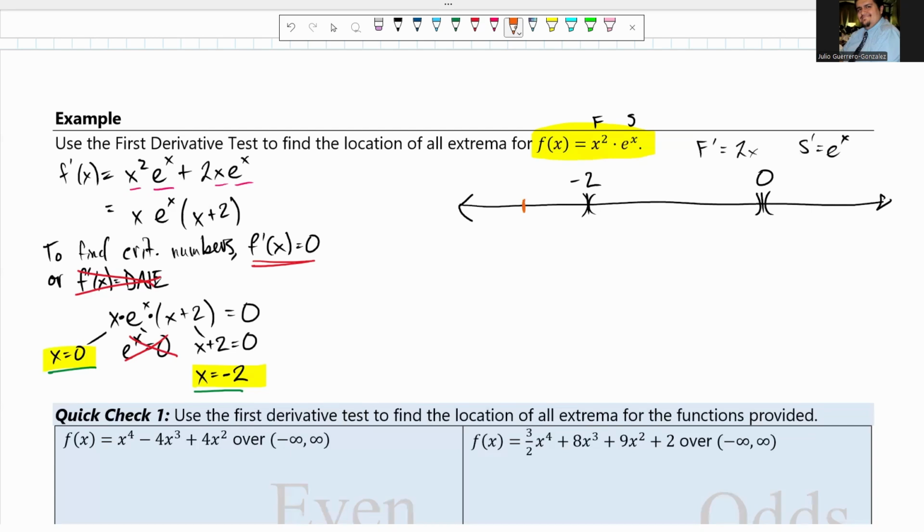So a nice number I'm going to choose over here is negative 3, and I'm going to make them in this orangey color. I'm going to do the same thing for the range between negative 2 and 0. I'm going to choose a nice number, negative 1. And then over here, I'm going to choose another number. Again, make the math easy. Nice whole numbers that are really close to those values really do help. Got it?